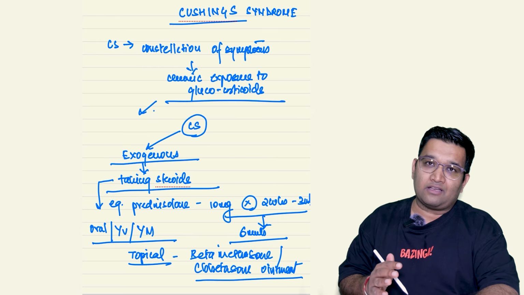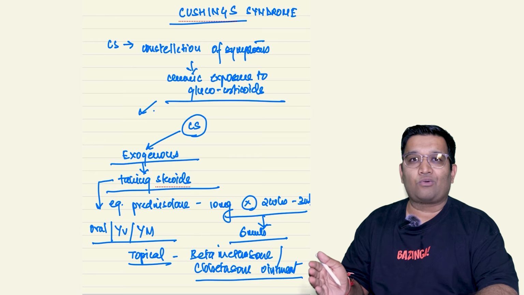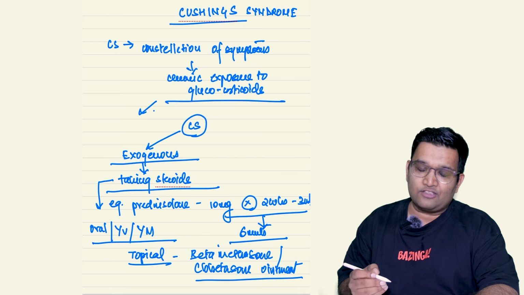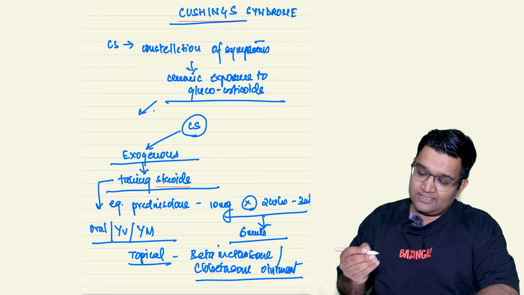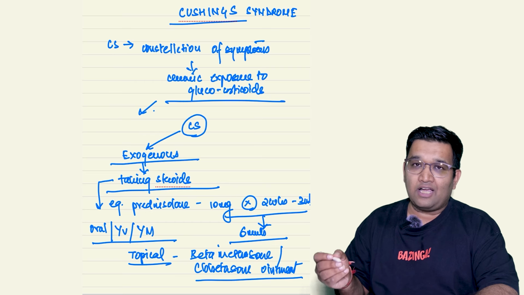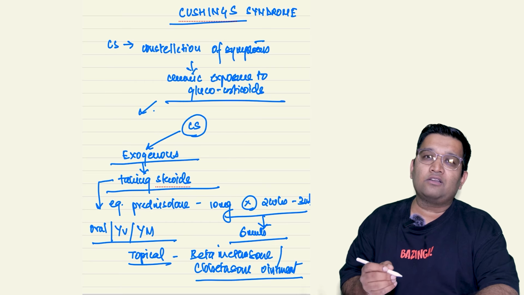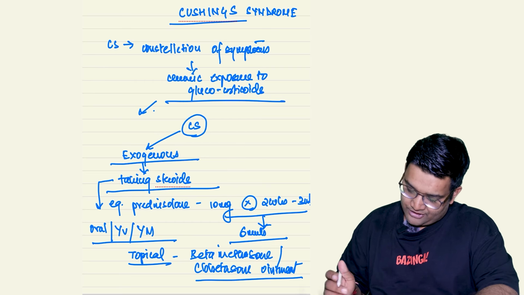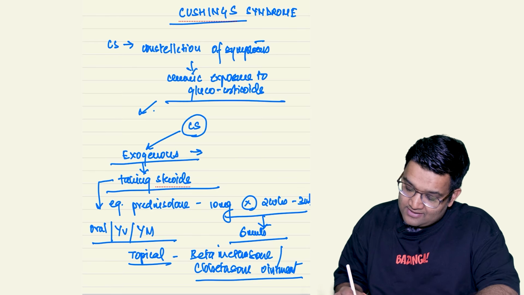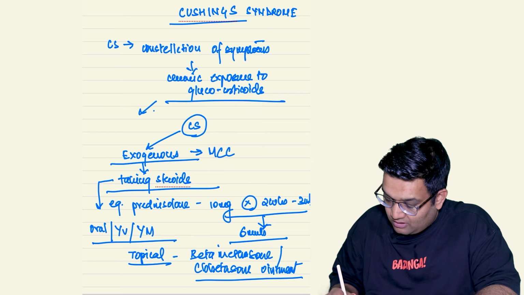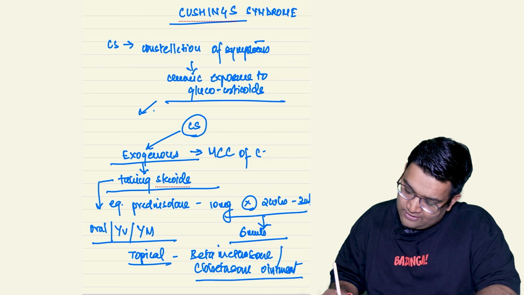Rather, mimicking is not the correct word. It's just the constellation of symptoms occurring even on topical or other routes of administration. And this remains the most common cause of Cushing syndrome.